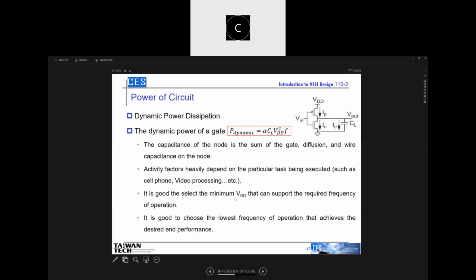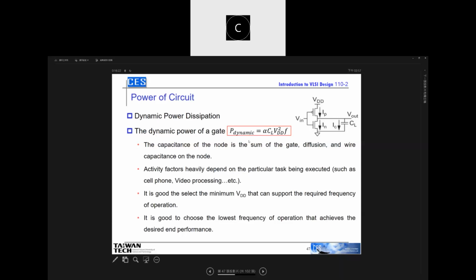Secondly, F is the frequency. In terms of low power design, you want to reduce the frequency, right? Because if you reduce the frequency, which is F here, then you reduce the dynamic power. However, frequency also represents the speed.